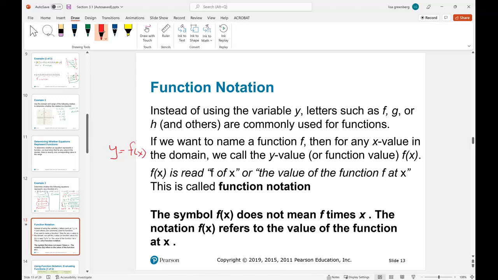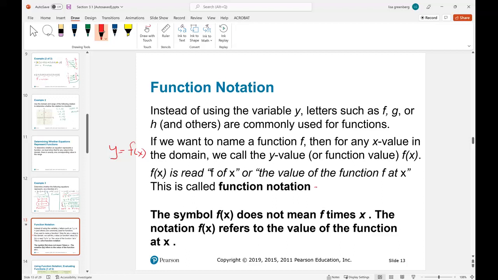Third paragraph, and I'm going to read it. F(X) is read F of X, or we can say the value of the function F at X. This is function notation.